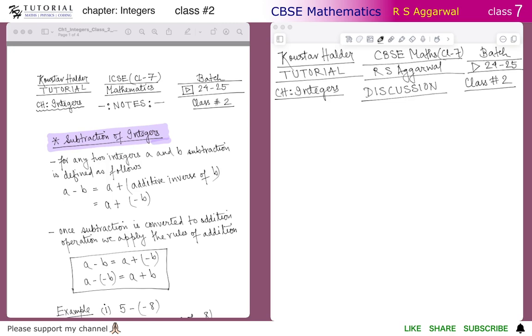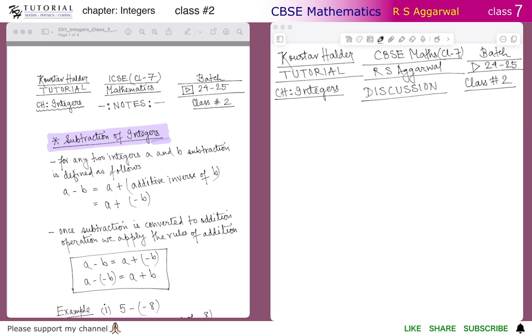So how do we do subtraction of integers? For any two integers a and b, we define subtraction as a minus b, that is, we are subtracting b from a.